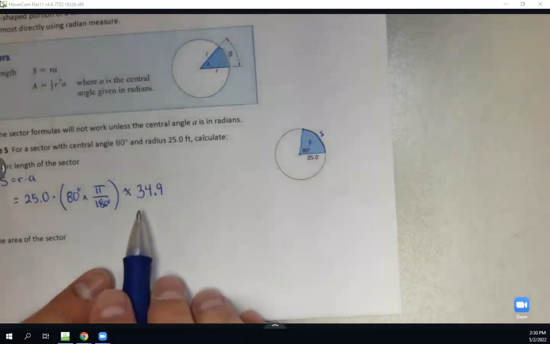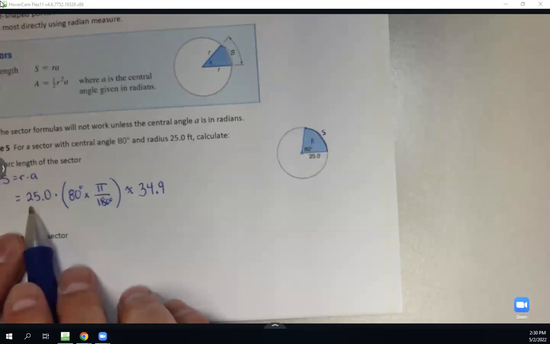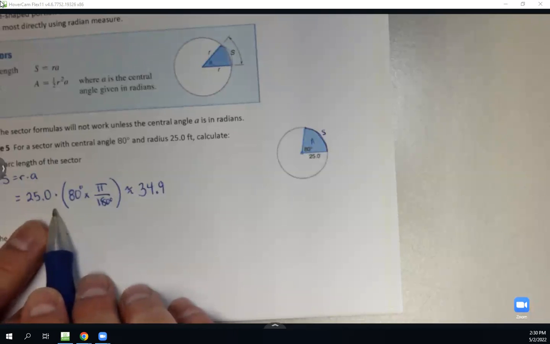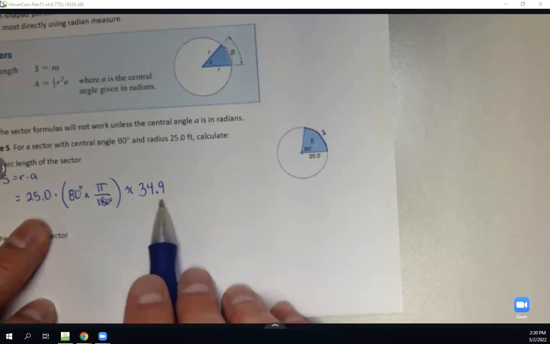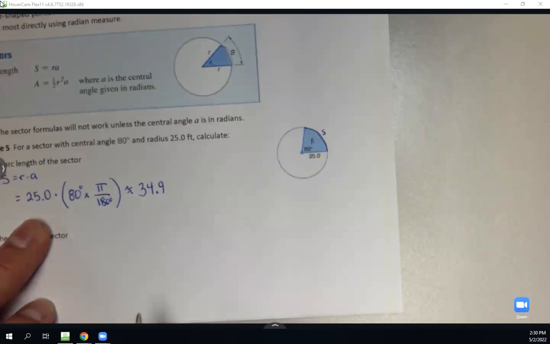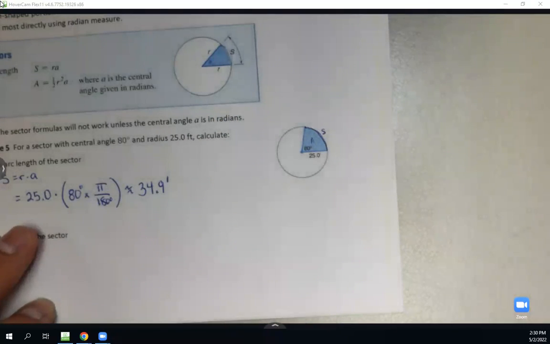Actually, I probably should just round to the 9 because the 25.0 has 3 significant digits, so my answer will only be accurate to 3 significant digits. Does that make sense? So that would be 34.9 feet.